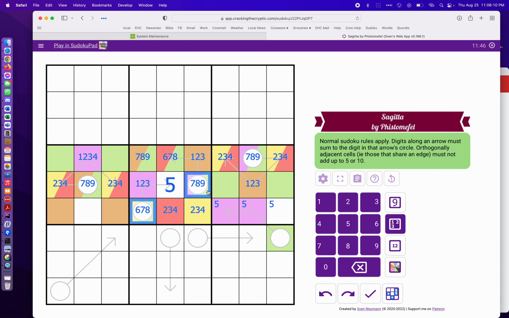So this one plus this one are 15, which means that since high purple and high yellow add up to 15, then purple and yellow add up to 5. So purple and yellow can never be together. So I'm going to just tag those. And that means also, because those add up to 5, they can't ever be orthogonally adjacent.